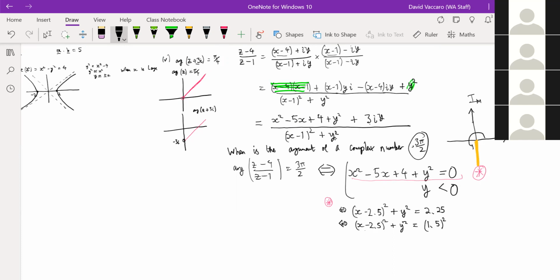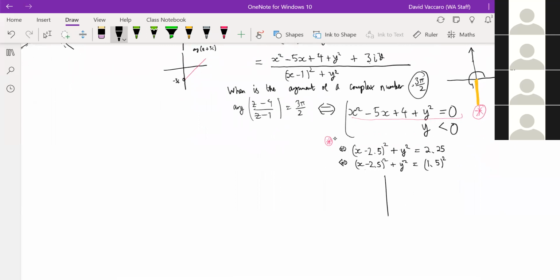And we recognize this as a circle with center 2.5 and radius 1.5. So in particular, it goes through the points 1 and 4.